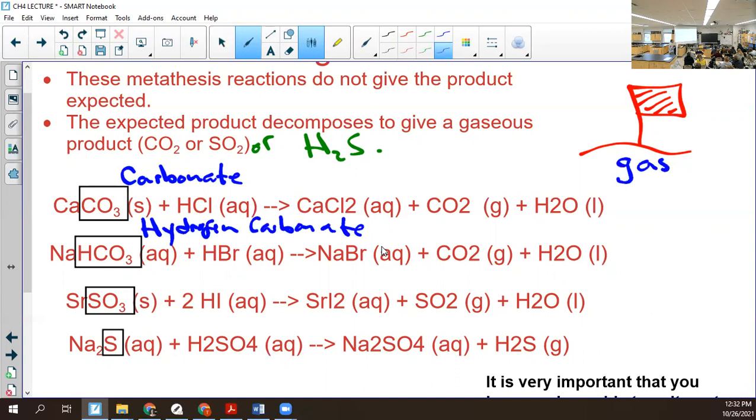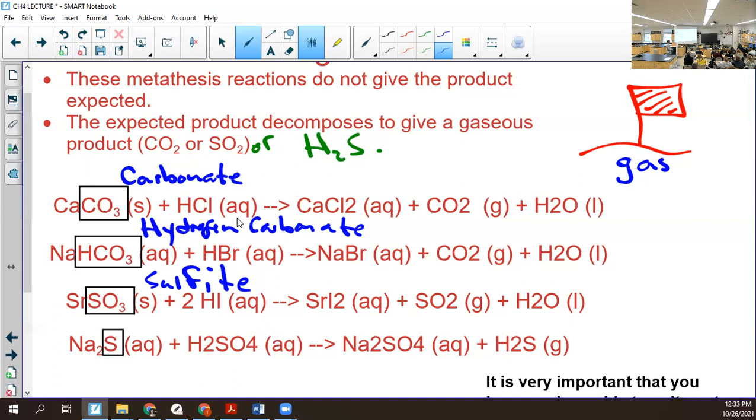All right, SO3. This goes back a long time. Sulfite. Good job. It's ITE at the end. If you see sulfite, it's going to produce a gas.